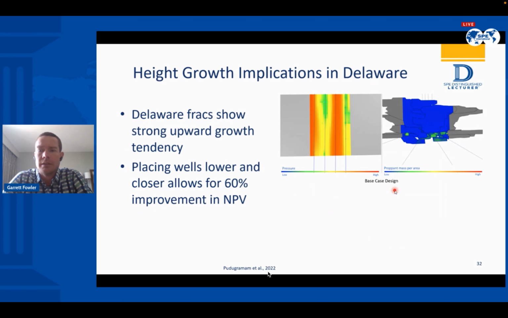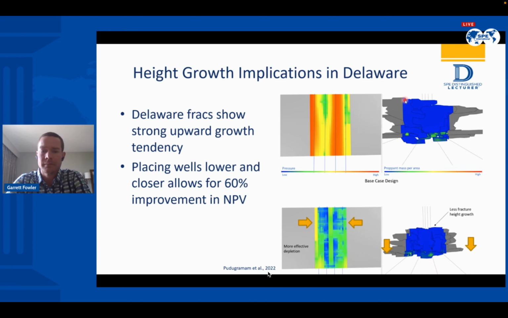The second example comes from that same HFTS2 data set that was exhibiting that very tall fracture growth. In understanding the preference for vertical growth in this particular situation, we can engineer the ideal placement of wells, knowing that the rock is going to rock. We can't change how the rock is going to behave, we can only change how we stimulate it.